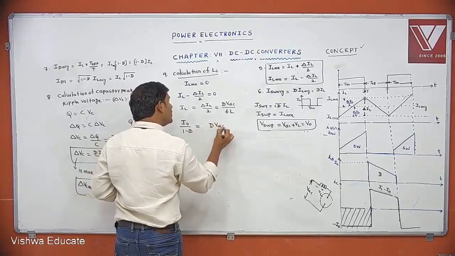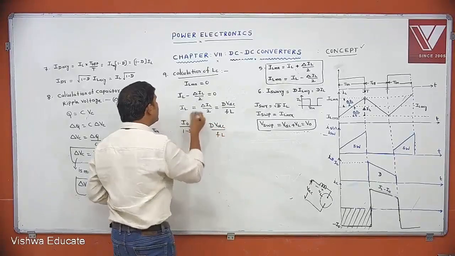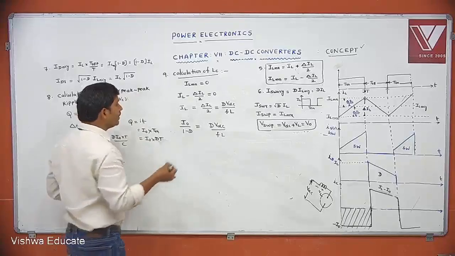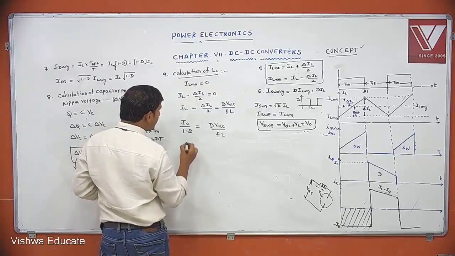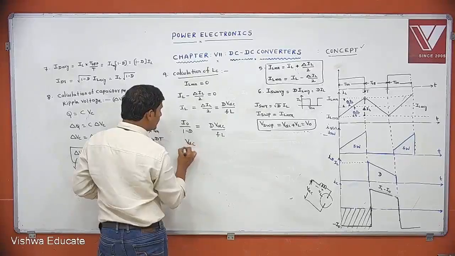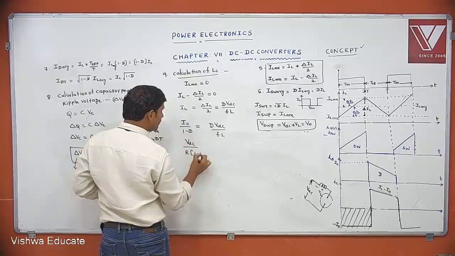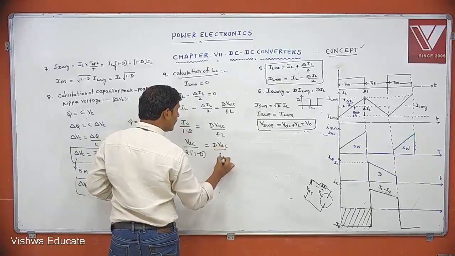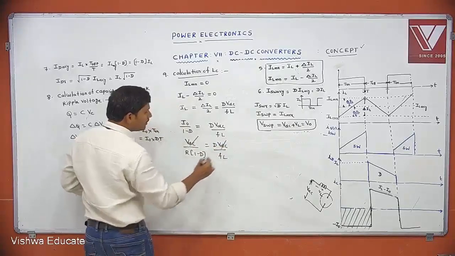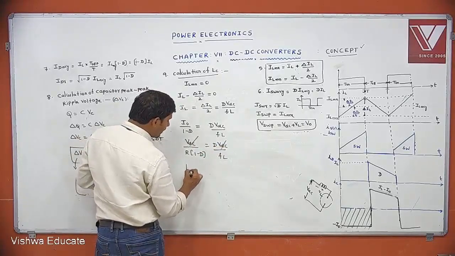IL is I naught by 1 minus D, and delta IL is D into VDC by FL. What is I naught? You can write I naught as VDC by R. So VDC by R into 1 minus D equals dVdC by FL. VDC cancels. Then from this, what is the critical inductance?